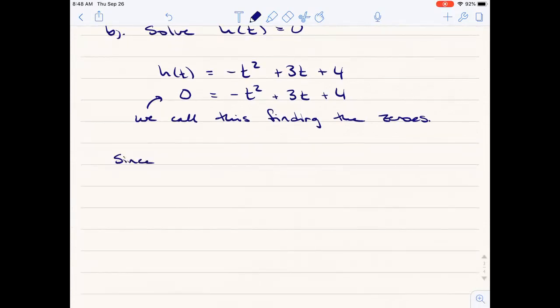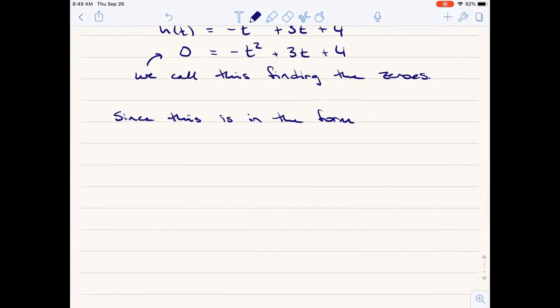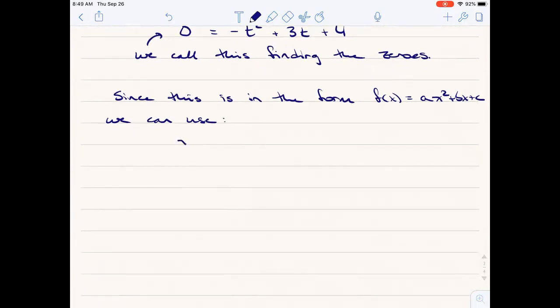Since this is in the form f of x is ax squared plus bx plus c, we can use x is negative b plus minus the square root of b squared minus 4ac, I'm just going by memory here, over 2a.